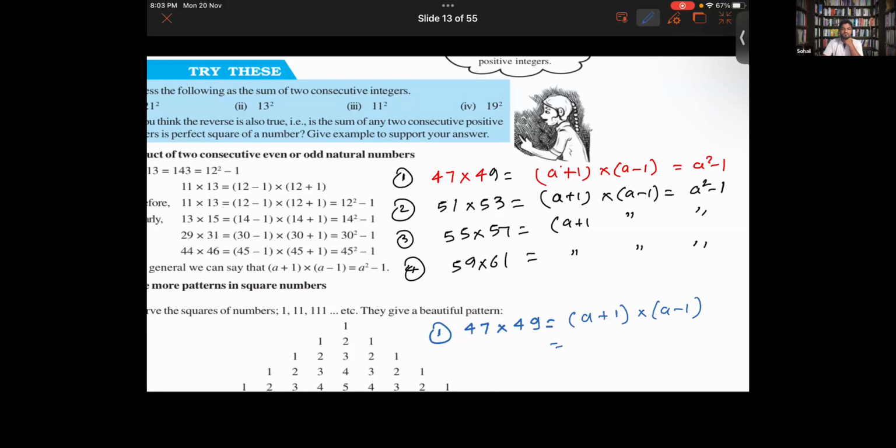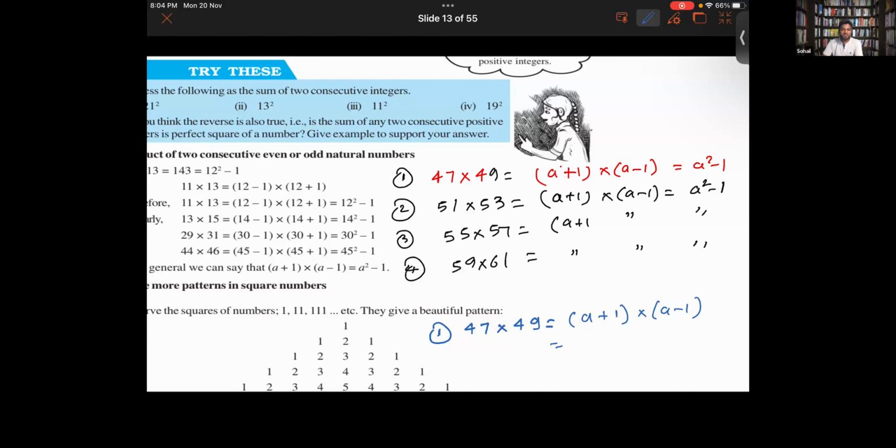Like for 11 into 13, we get 12 minus 1 and 12 plus 1. So like for 13 into 15, we get 14 plus 1 and 14 minus 1. For this one also, we can represent it like 14 plus 1 multiplied 14 minus 1. So it is basically 14 square minus 1 square. That means 14 square minus 1.